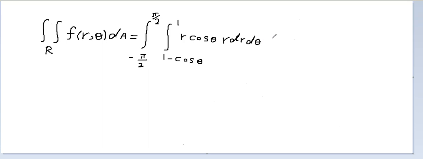So this equals the integral, okay, look at here, r times r, r squared.